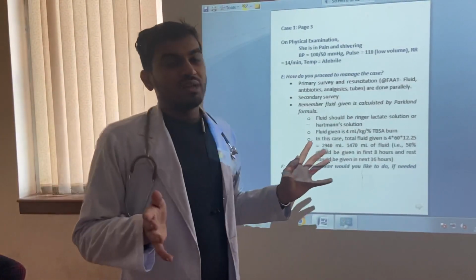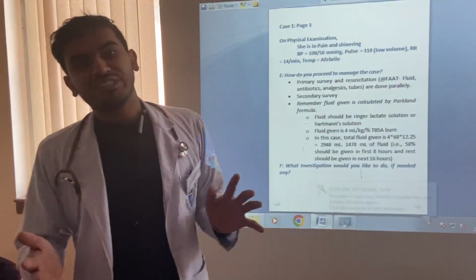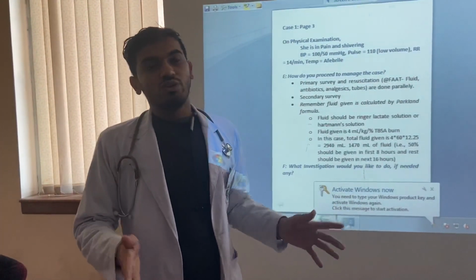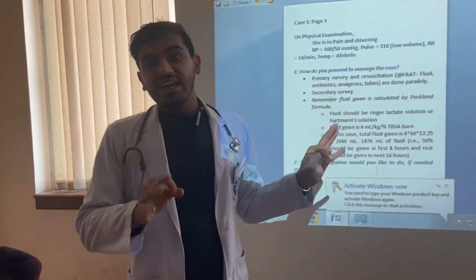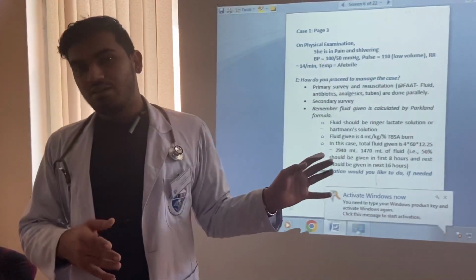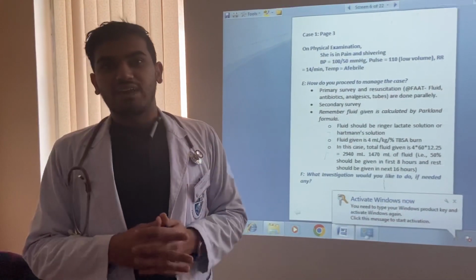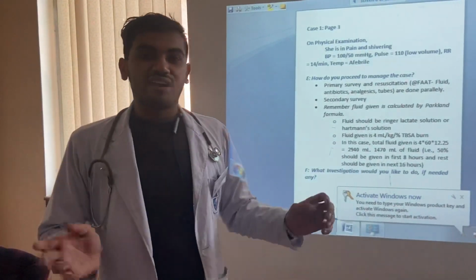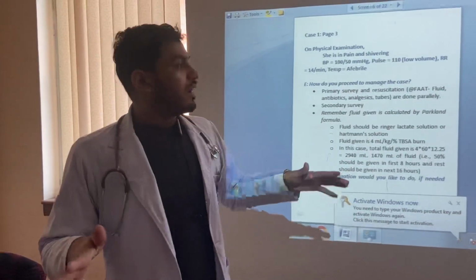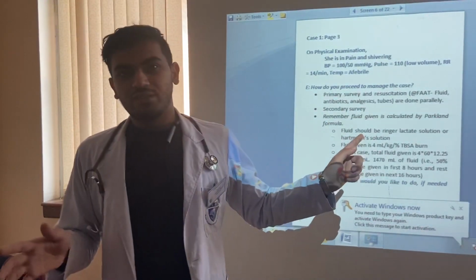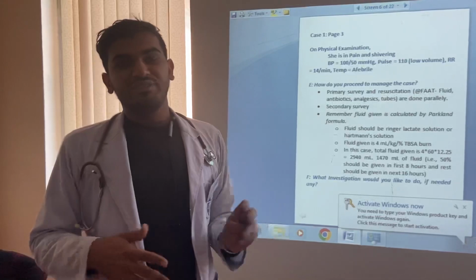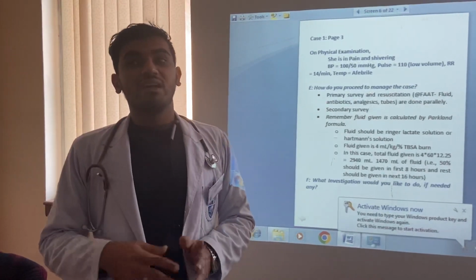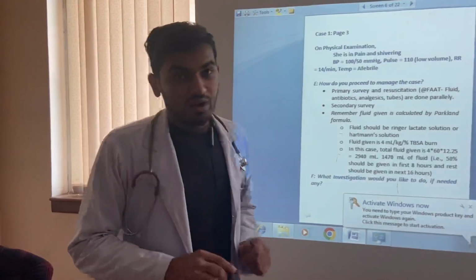As per the formula, we have to give 50% of the fluid in the first 8 hours, so only 3 hours are remaining to complete the 8 hours. So we have to give that much fluid in the 3 hours. 50% of the fluid must be given in the 8-hour period, and then the other 50% of the fluid is given in the next 16 hours of the 24 hours.